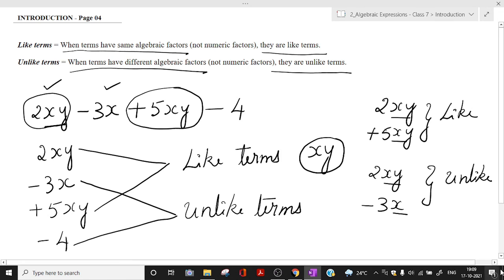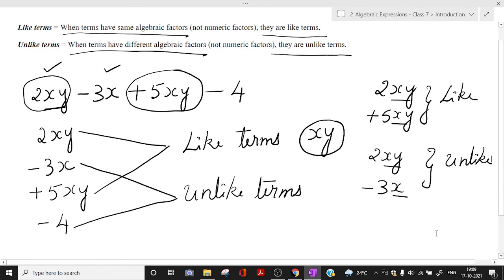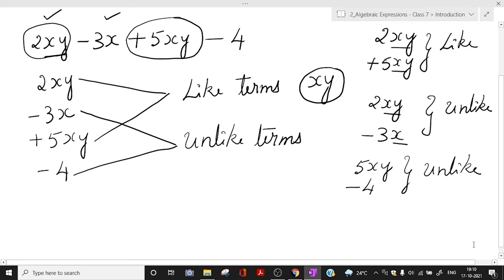Now suppose I go ahead and write 5xy and minus 4. These are unlike terms. If I write minus 3x and plus 5xy, these are again unlike terms.